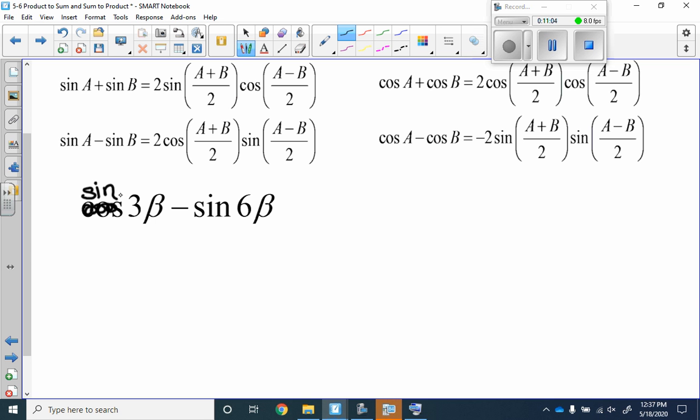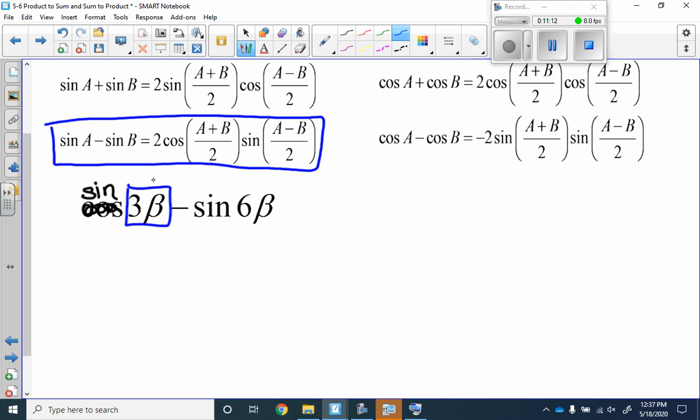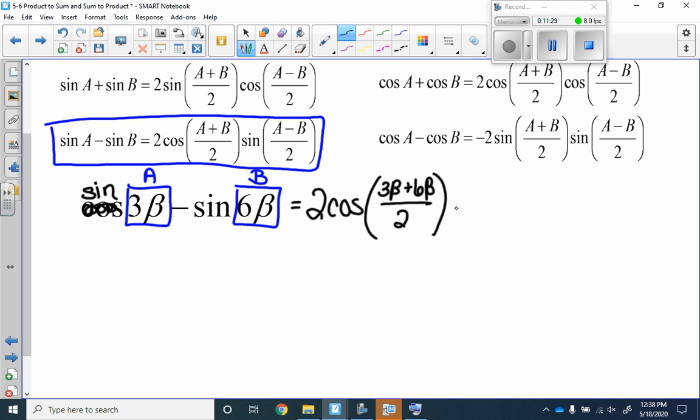Okay, so sine minus sine, that brings us here. So once again, 3 beta, that's A, and 6 beta is going to be B. So 2 times the cosine of 3 beta plus 6 beta divided by 2.